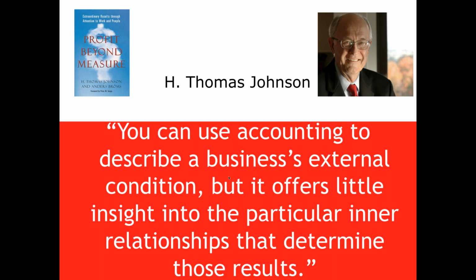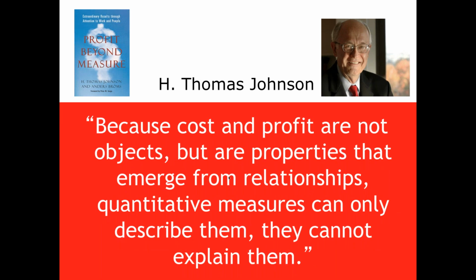He says, you can use accounting to describe a business's external condition, but it offers little insight into the particular inner relationships that determine those results. He further says, because cost and profit are not objects, but are properties that emerge from relationships, quantitative measures can only describe them. They can't explain them.